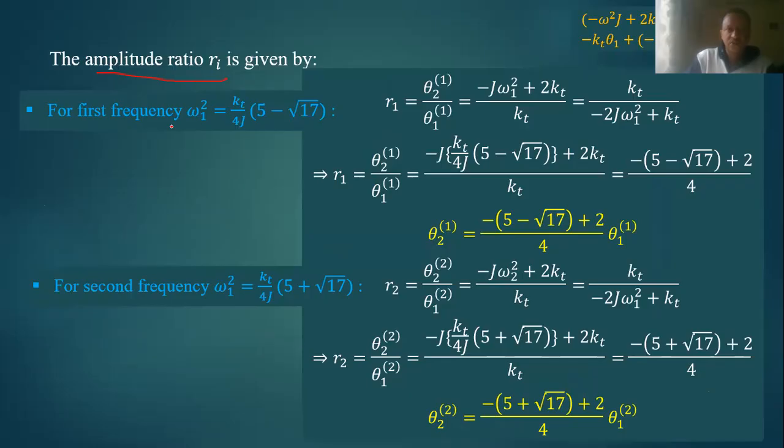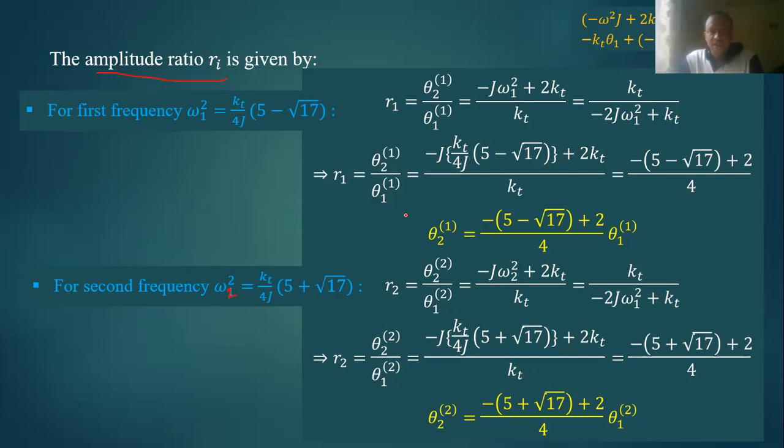Once we get these two frequencies, we determine the amplitude ratios in the first mode and second mode. In the first frequency, and in the second frequency, this is omega 2 squared. Just substituting in this, we get θ2 of 1 over θ1 of 1, R1, is equal to minus of 5 minus radical 17 plus 2 over 4.